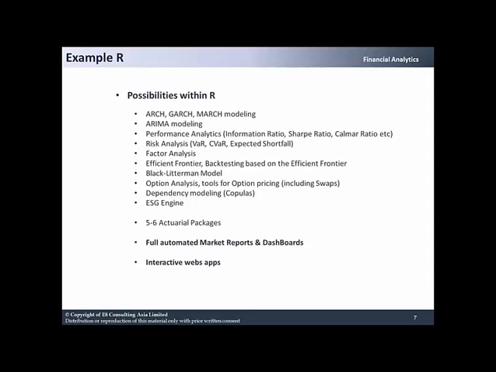Most of these packages have been built by professors, by universities, but some of them have also been built by market practitioners. And the beauty is that given that we've got 2 million users by now, I think, in R, a lot of them check for the bugs in there. So it's quite proof, soundproof to say.